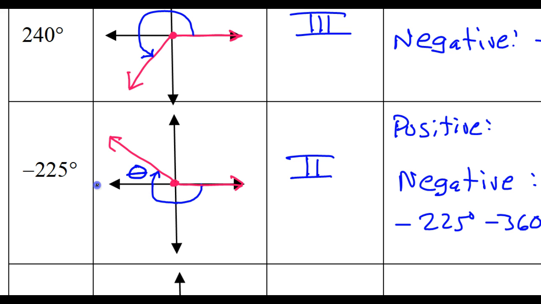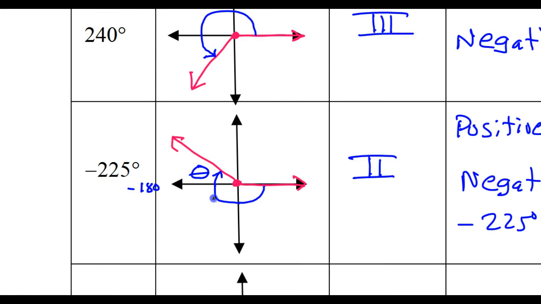All right, now moving in this direction, right here I went 180 degrees, okay, negative 180 degrees. So the question is, how far past that did I go? Now the reference angle is always going to be positive, so just ask yourself how many degrees past 180 is 225.